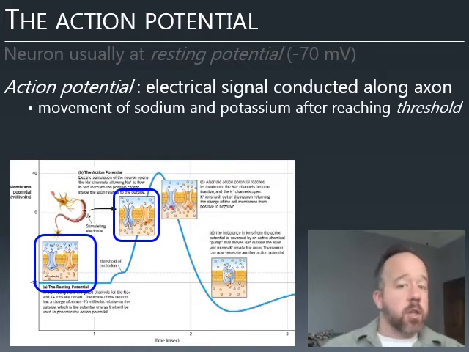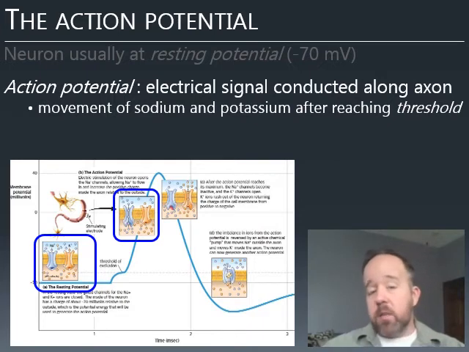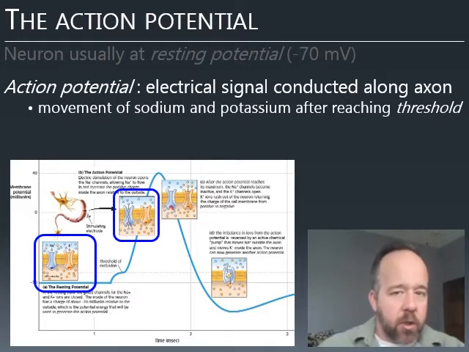And that's because all the sodium is coming in, and sodium is positively charged. So now the inside of the neuron isn't so negatively charged anymore. It's not at minus 70. It's not even at minus 50 where threshold is. It will actually get into positive territory. You'll have more positive charge inside the neuron than you do outside. So that's sort of step one after reaching threshold.